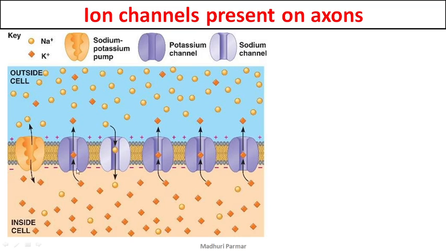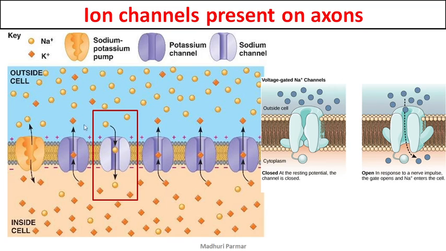Depending on which channels are present, whether they are open or closed, the cell membrane will decide what ions should come in and what ions should go out. Fine till here? Now let us discuss the cell membrane of your axon, the axolemma. Here we will be focusing first on the sodium channel, which is shown by this color.